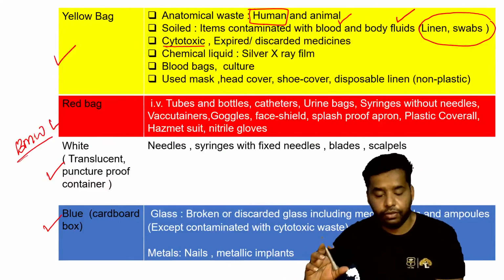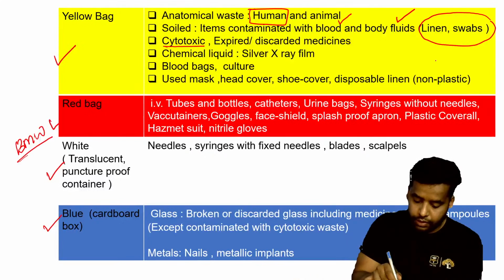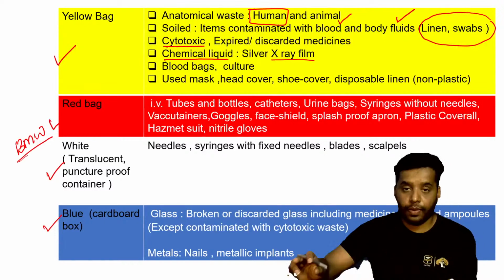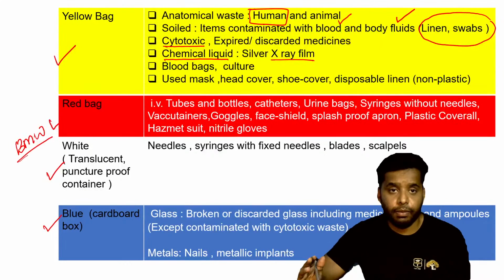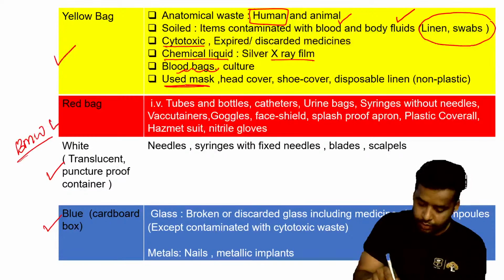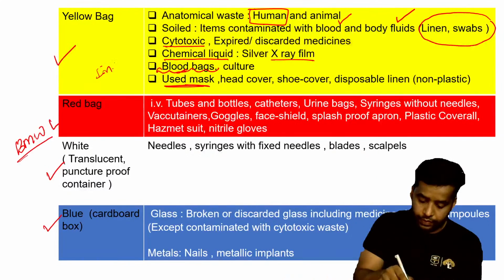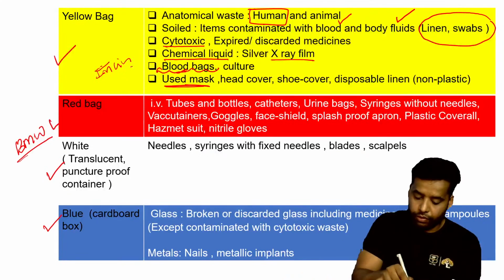They can give a vial for you, cytotoxic drugs. Chemical liquid, important. X-ray films, liquid waste, chemical liquid waste. Blood bags, used mask, N95 mask if you are using. All this will go in the yellow bag. Yellow bag will go for incineration.